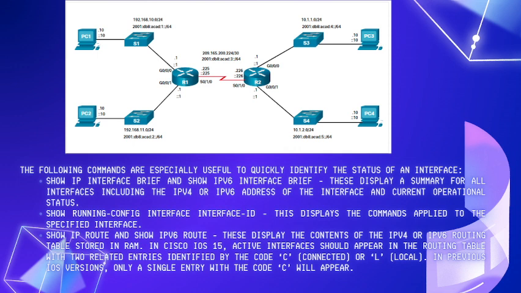Show ip interface brief and show ipv6 interface brief. These display a summary for all interfaces, including the IPv4 or IPv6 address of the interface and current operational status. Show running-config interface interface-id. This displays the commands applied to the specified interface. And that's show ip route and show ipv6 route.